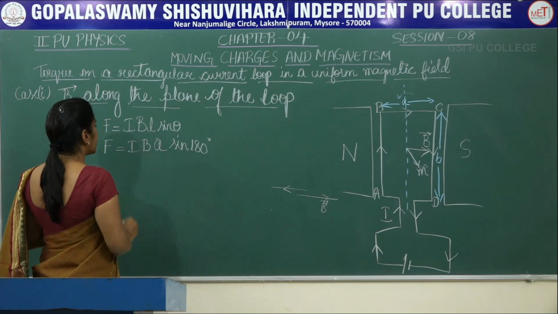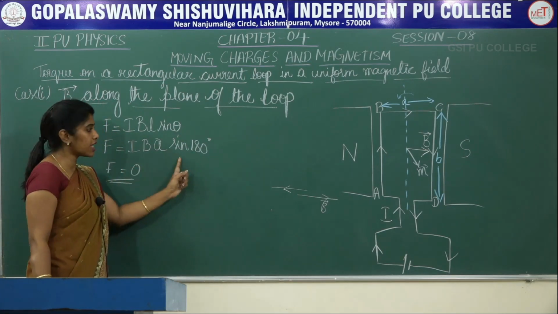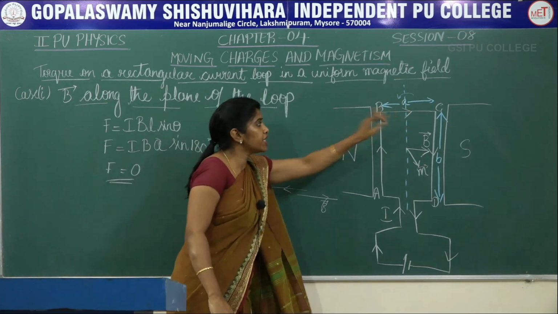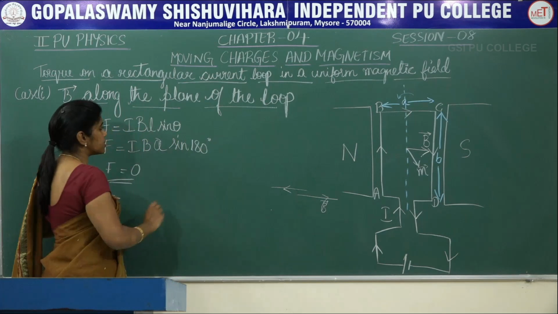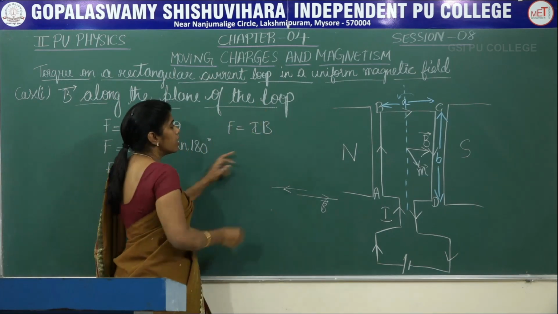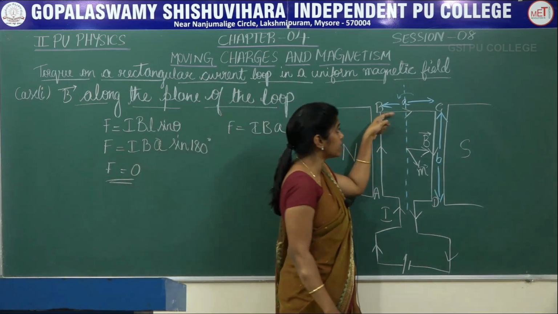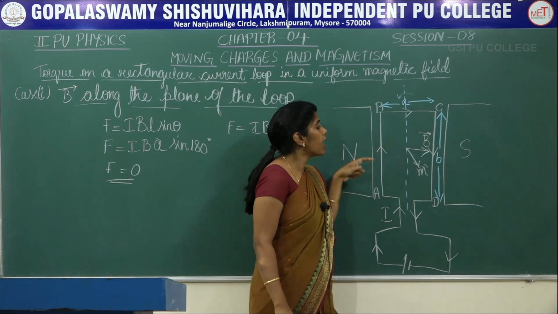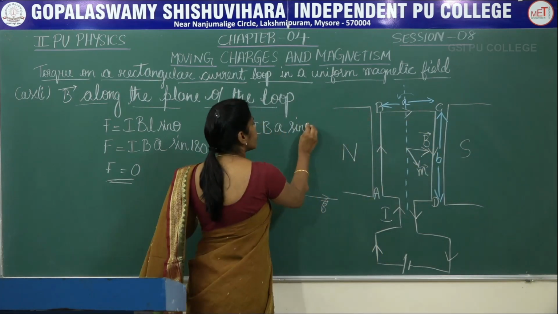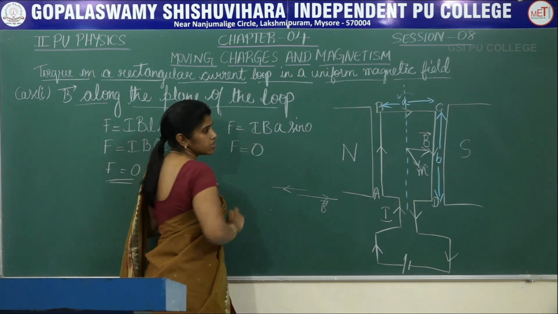In case of AD, the force will be equal to 0, as sin 180 is 0. Coming to the side BC, what happens to the side BC? F is equal to, similarly, I B A sin theta. Here you can see the current is in this direction and the magnetic field is also in the same direction. Then the angle theta will be equal to 0 degrees. Therefore, again the force is 0.